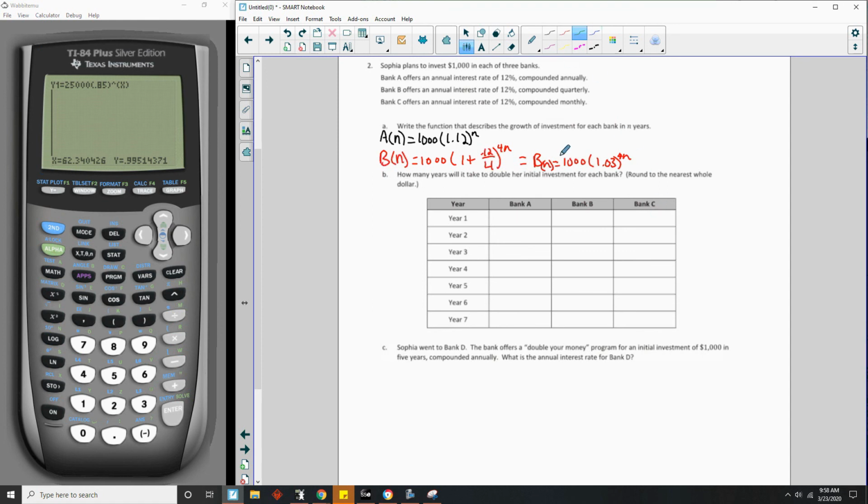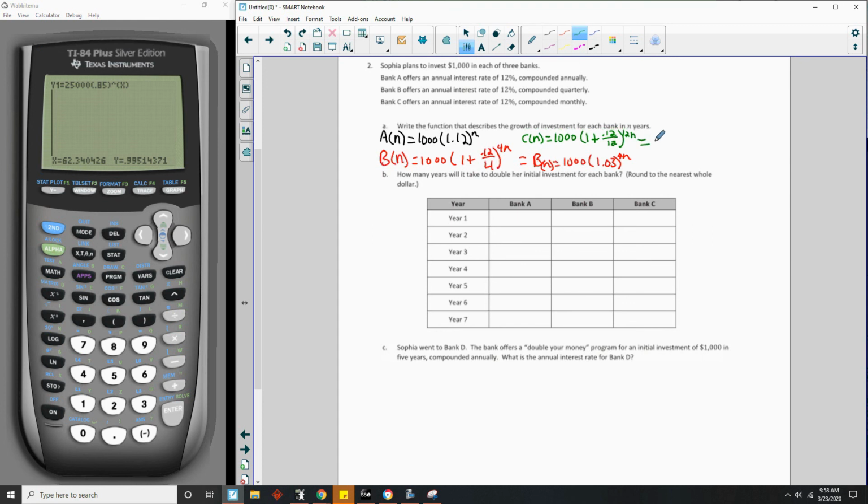Okay, and then on to C. Bank C, C of n equals my initial $1,000 times 1 plus 0.12. This is compounded monthly, which is 12 months in a year, to the power of 12n.